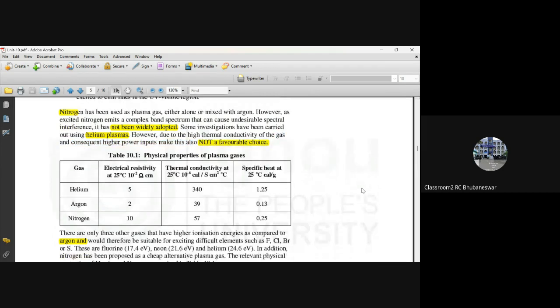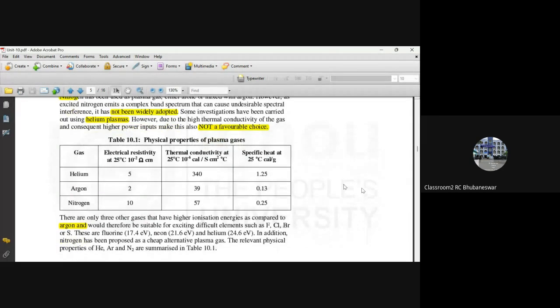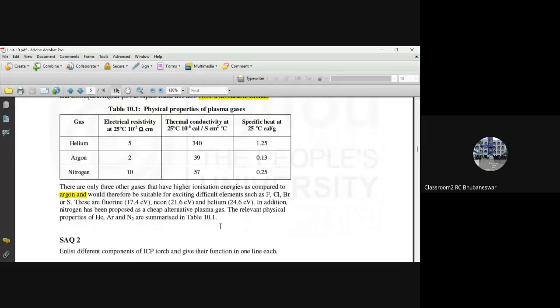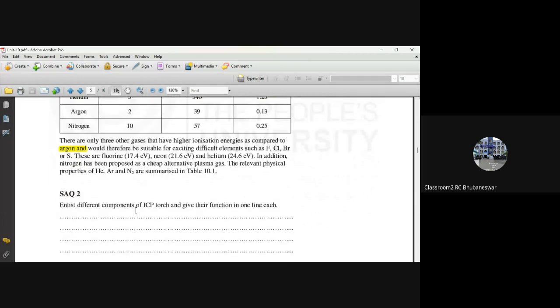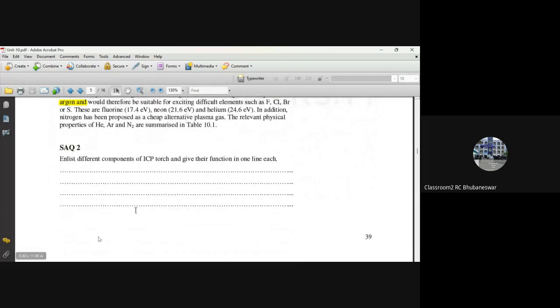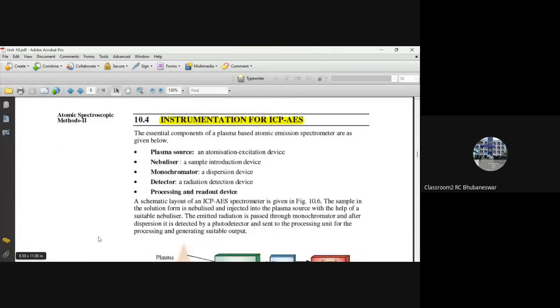Here you can see the plasma properties, electrical resistivity, thermal conductivity, and specific heat of three gases, argon, nitrogen, and helium. But out of that, the best was argon.